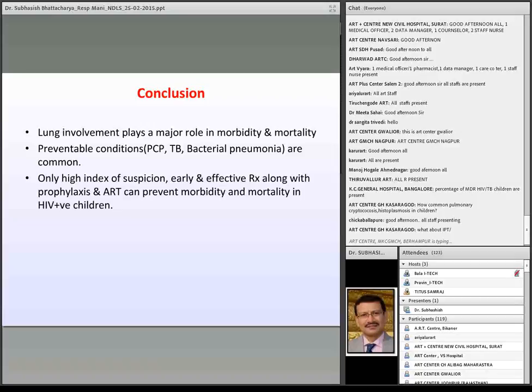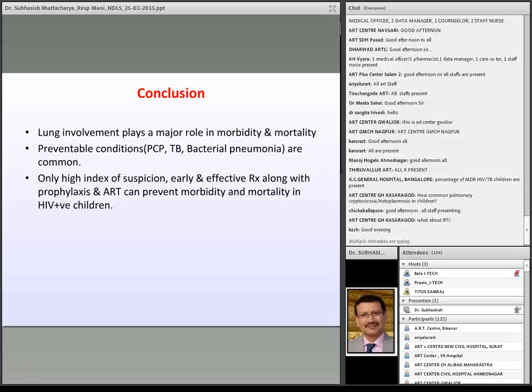Regarding one question, they have asked how common pulmonary cryptococcosis and histoplasmosis are in children. Actually, we only get cryptococcosis and histoplasmosis with a very low CD4 count, but in the pediatric population such a very low CD4 count is not usually seen, and as we are now starting antiretroviral therapy at the beginning, the CD4 hardly ever drops so low.